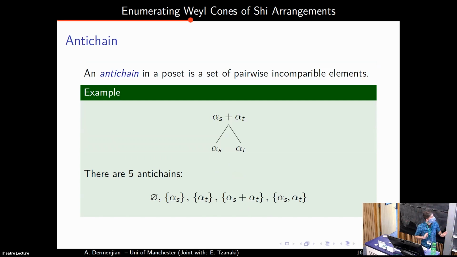As an example, in this small root poset there are five different antichains. There's the empty set, so nothingness. There's one for each element, so you can take an antichain of one element. And finally, the only non-trivial one would be alpha S, alpha T, where we take the two bottom elements in our root poset.